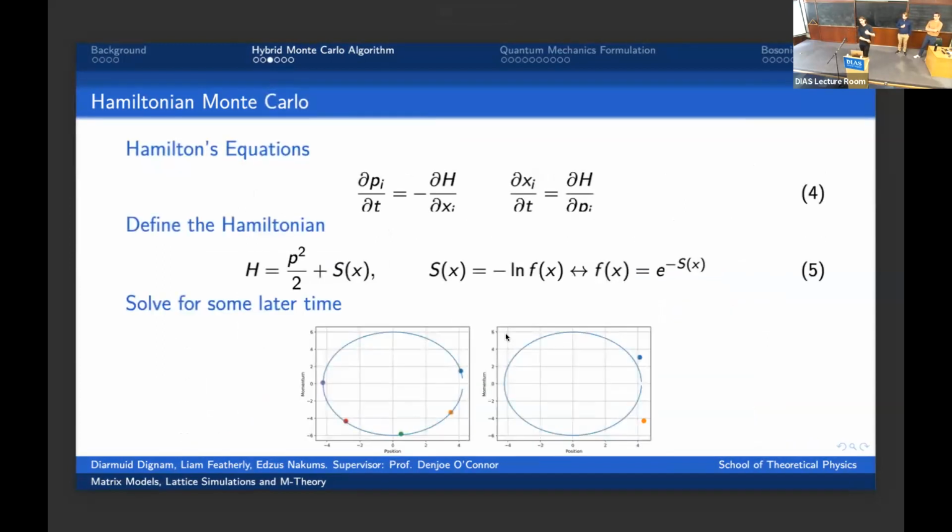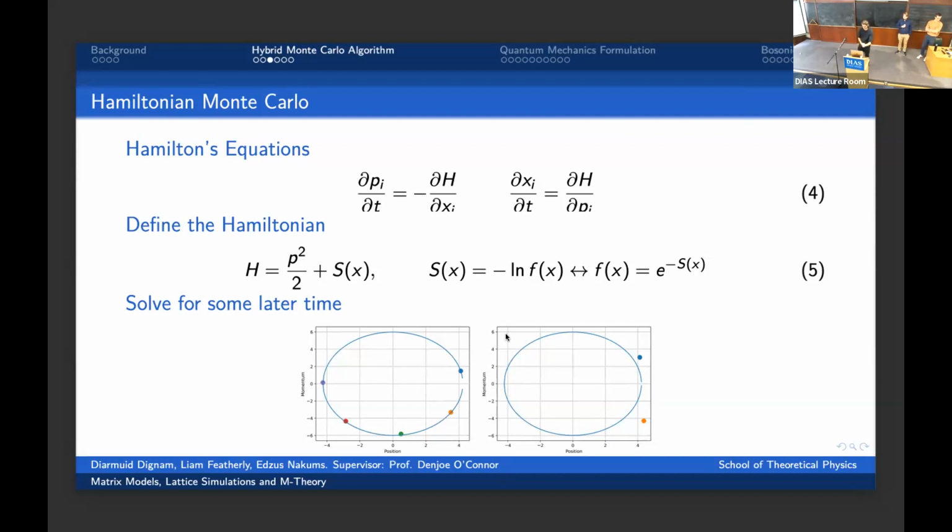In just the same way, we can choose any function and it will converge just the same. So it does that by iterating from each point based on Hamilton's equations, which we all know from classical mechanics, and we define it for use in this case. So we define the Hamiltonian, as we're familiar, as the kinetic energy, we'll get back to that momentum term in just a moment, plus some potential, plus an action in this case.